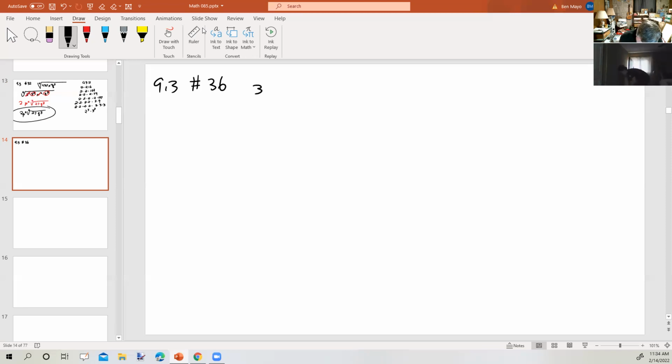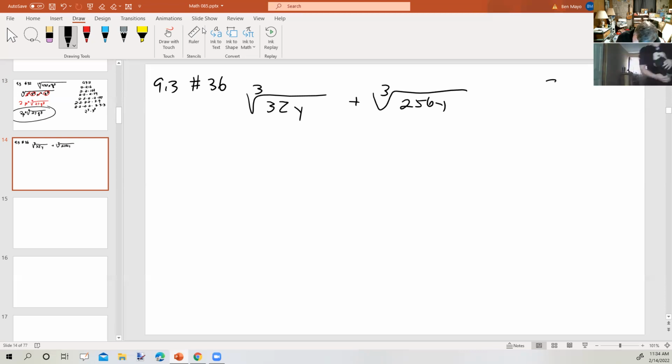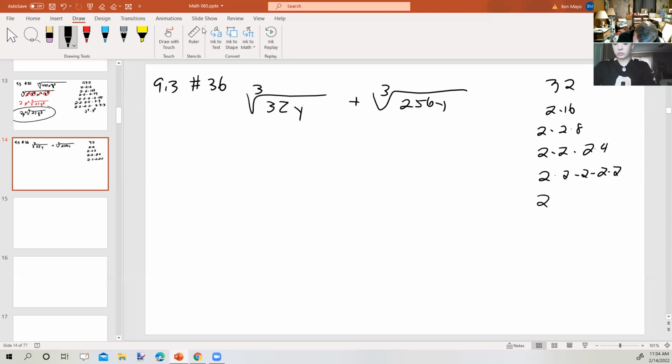We have the cube root of 32y plus the cube root of 256y. Well, 32 is 2 times 16, which is 2 times 2 times 8, which is 2 times 2 times 2 times 4, 2 times 2 times 2 times 2 times 2, which is 2 to the 5th power, which is 2 cubed times 2 squared.